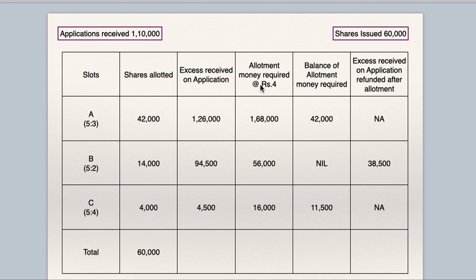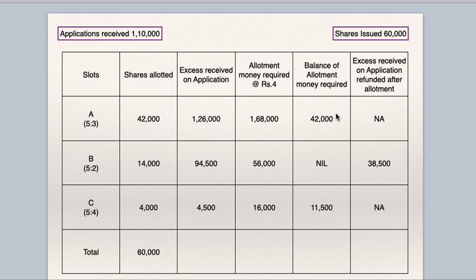Now we'll find out what is the allotment money required. At the rate of 4, 42,000 into 4, 1,68,000. 14,000 into 4, 56,000. 4,000 into 4, 16,000. This is allotment money required. In A category, they already have 1,26,000 extra which they have received with application.